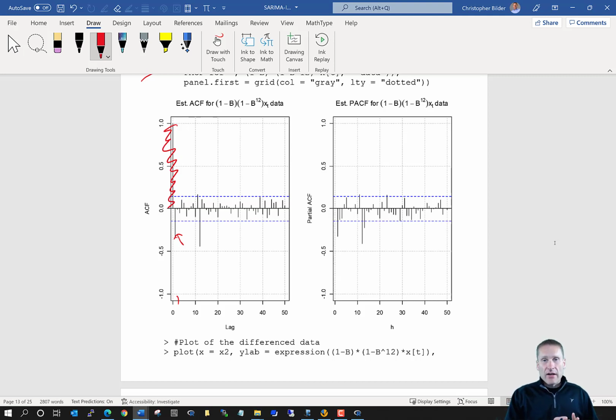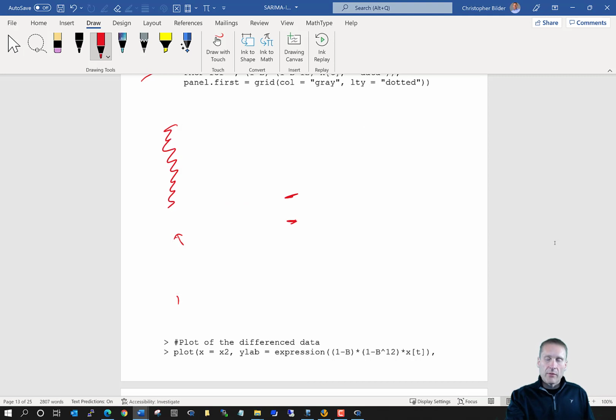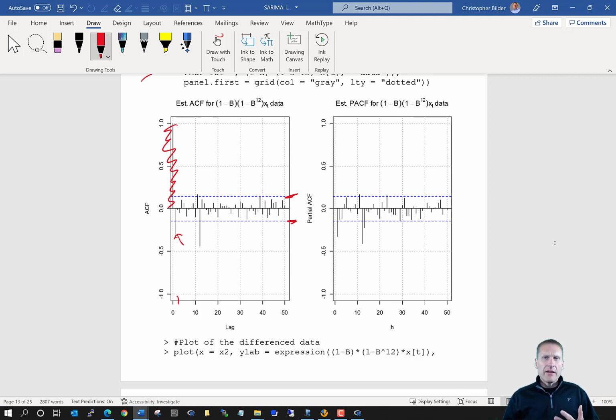Then I should have it cutting off to 0 after lag 1. And essentially we see that if we ignore the seasonal lags in this time series. Here's where my usual bounds are being drawn to do a hypothesis test corresponding to these autocorrelations. Generally speaking, these autocorrelations are all within those bounds, meaning that I don't have sufficient evidence to indicate a non-zero autocorrelation.